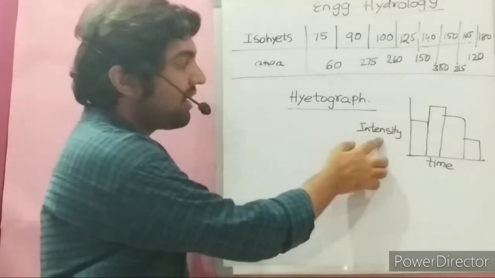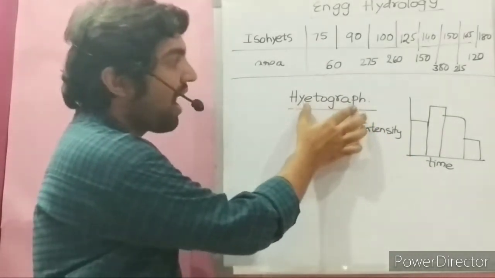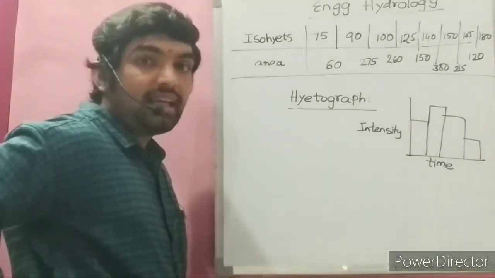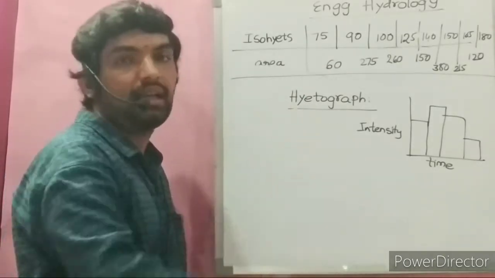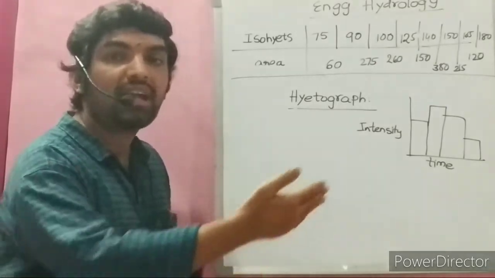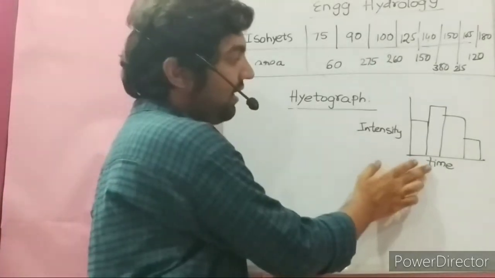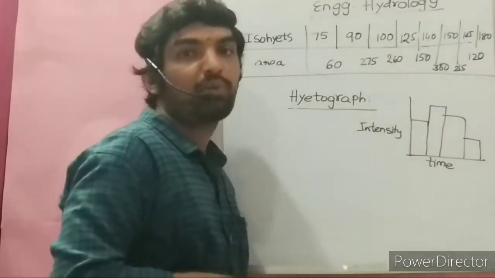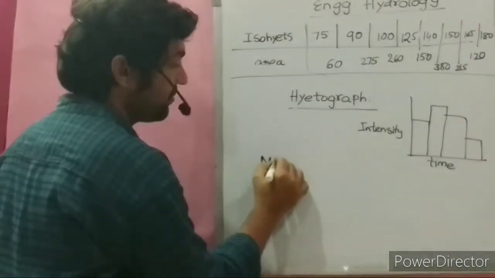In a similar manner, rainfall intensity versus time is recorded in the form of a hydrograph. The intensity of rainfall will always be very high in the beginning. Gradually, with the passage of time, the intensity of rainfall reduces. So this intensity-time graph is called a hydrograph and it is useful in many hydrological computations also.